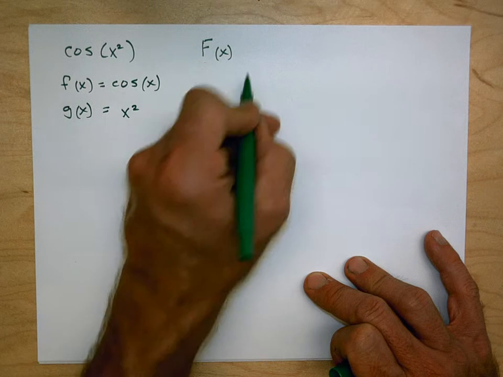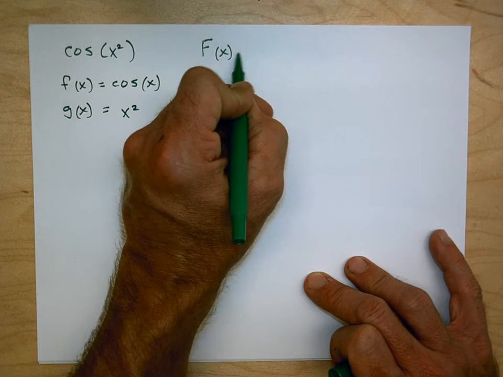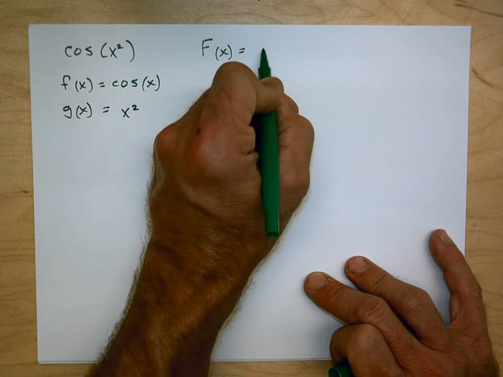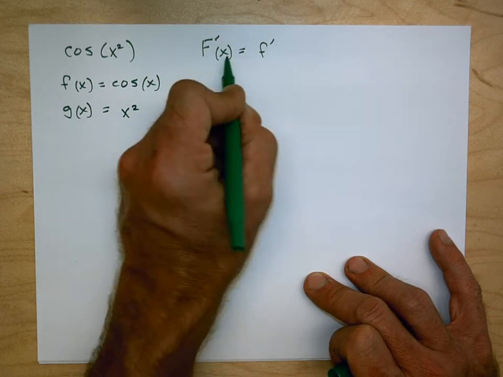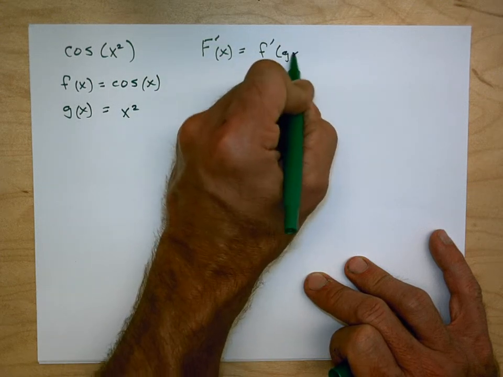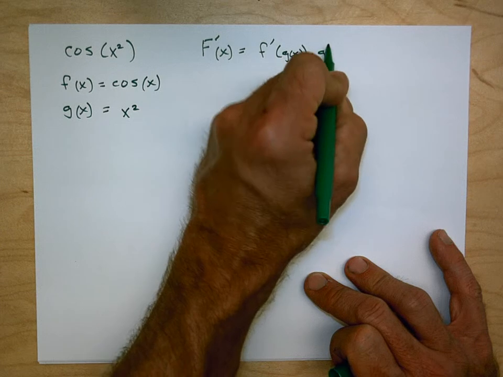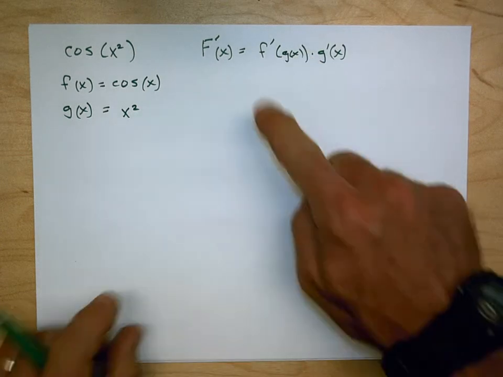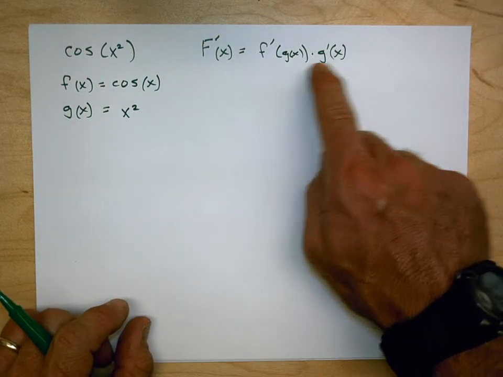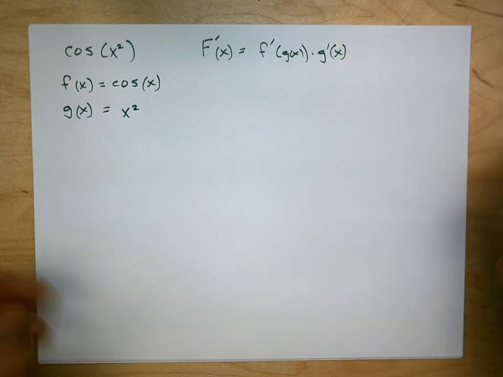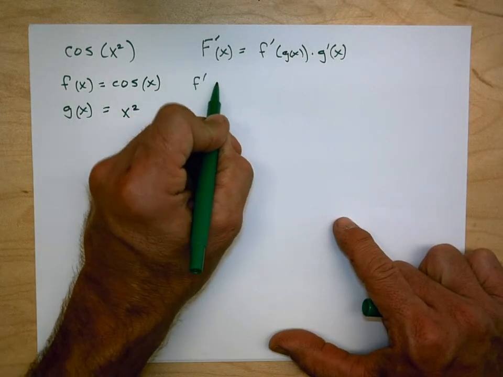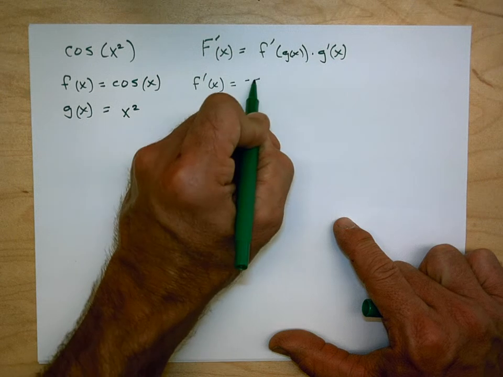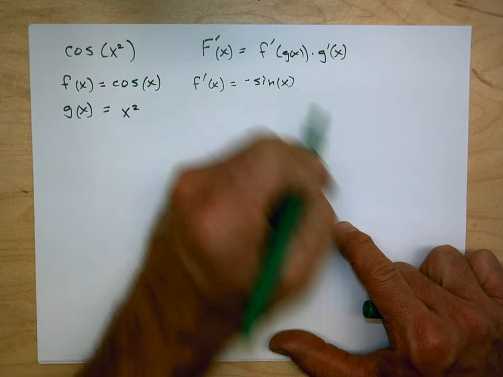I'll do this example with both notations. If we start off with big F prime equals f prime of g of x times g prime, then what I need to do is find f prime of g of x and g prime, and then multiply them together. That will give me my answer. So f prime is negative sine, we should all know that by now.